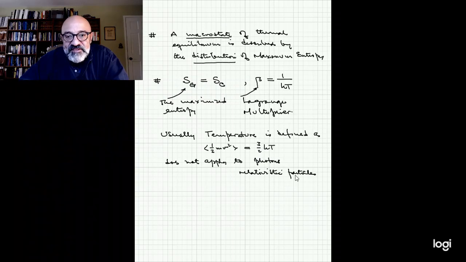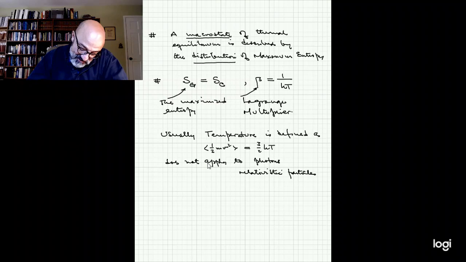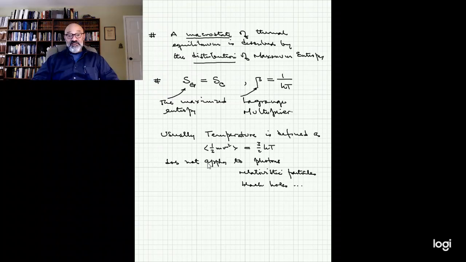The moment that you have relativistic particles, the energy is like mc squared times a factor of gamma minus 1 to do the kinetic energy. It doesn't give you this, so it just doesn't work. And definitely it doesn't apply to black holes or all sorts of other objects out there.